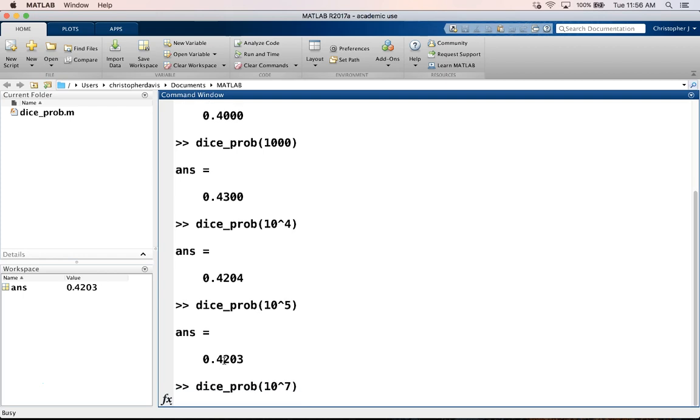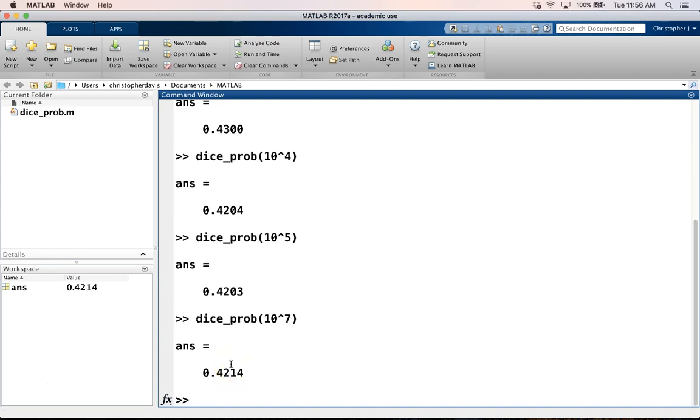Let's go up to 10 million experiments and see what it gets. And we can tell this is around the limit of what Matlab can do comfortably while I wait for it. So this is like doing 30 million total dice rolls. Okay, so again, to 2 decimal digits, it's 0.42. So that's probably a good estimate.